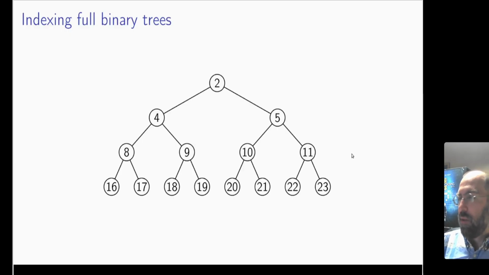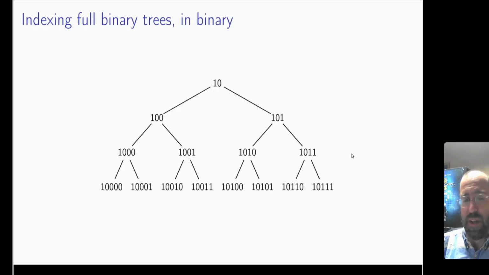And of course, in binary, this looks really nice because to move down from any node, you either add a 0 or a 1 to the end of the binary representation, and to move up from a node to its parent, you just do a right bit shift. So the point is, moving around in a tree numbered like this is very easy.